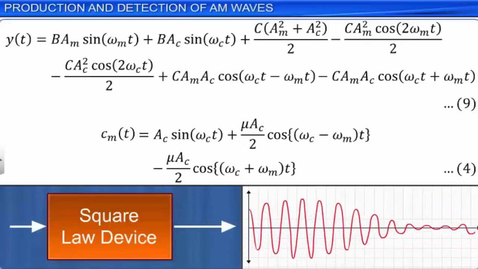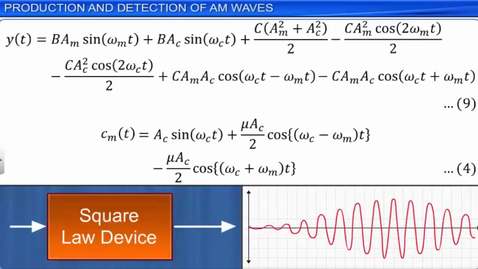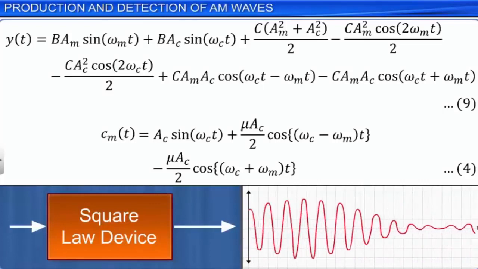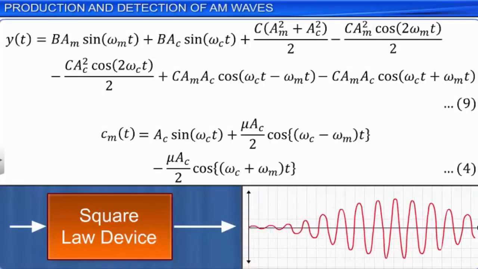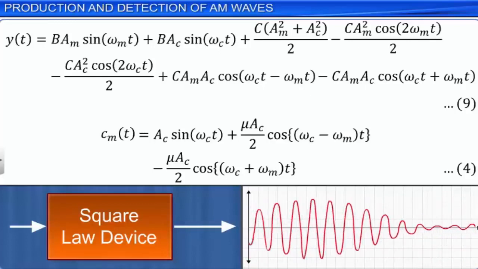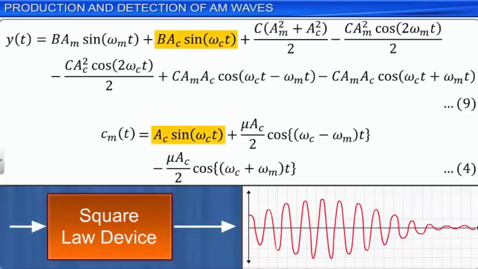Comparing the output of the square law device given by equation 9 with the amplitude modulated signal given by equation 4, we find that equation 9 contains several terms in addition to the terms of the form found in equation 4.